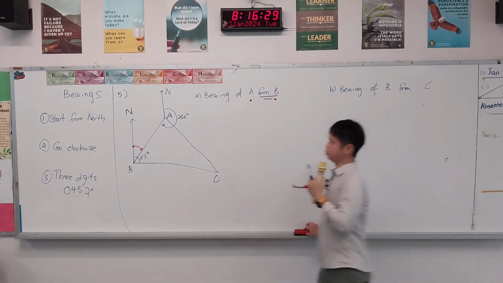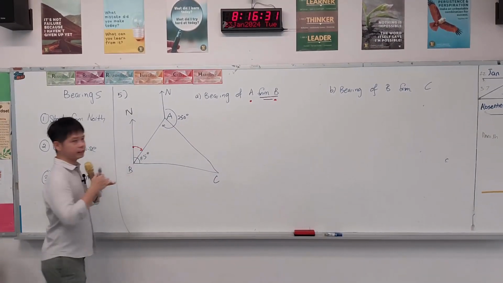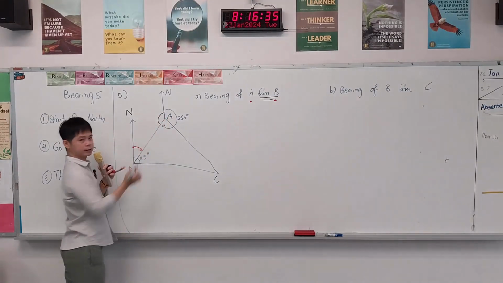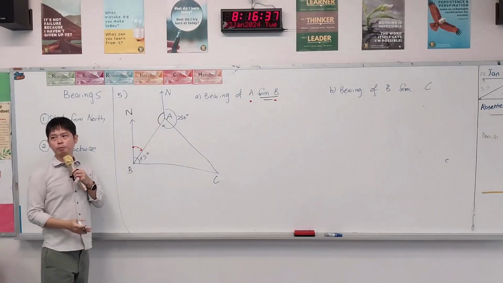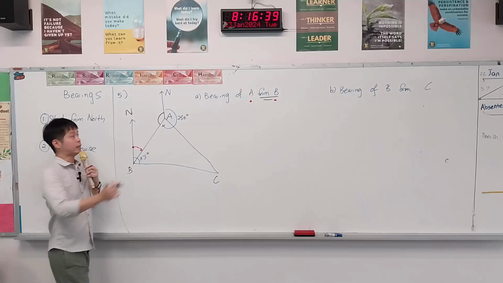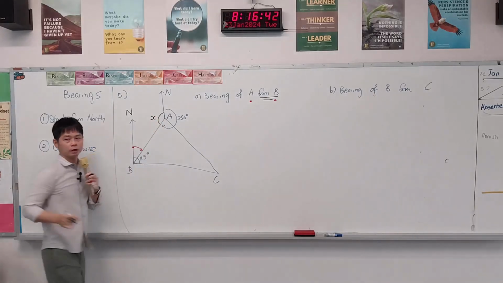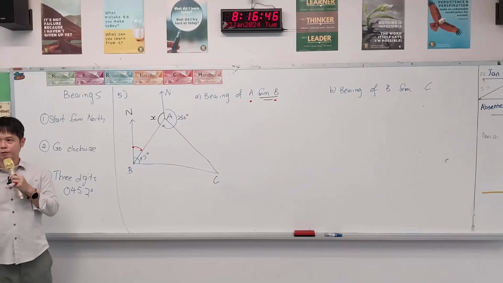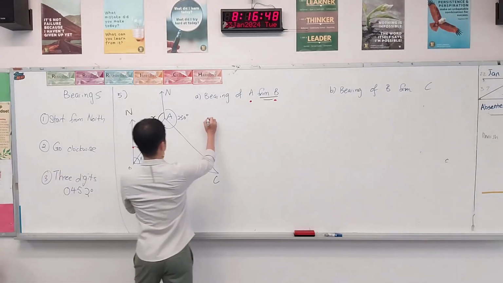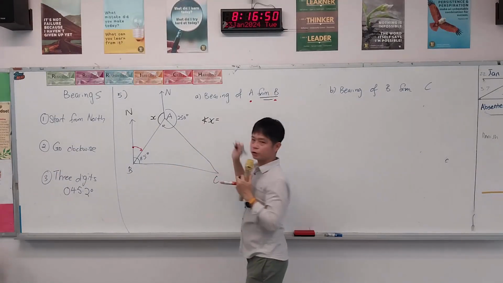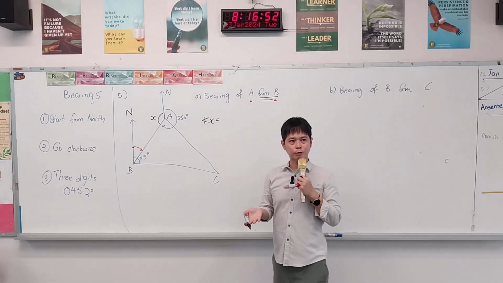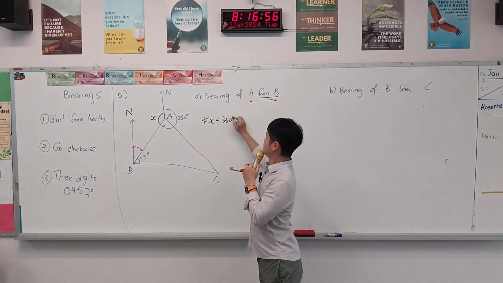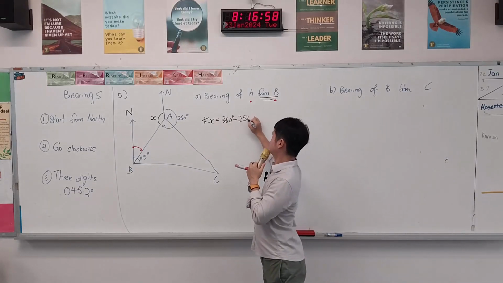Yes, I will have to use interior angle. But firstly, in order to use interior angle, I need to find this angle here first. So I advise you to label this and put the X. That's why we print worksheet for you. Please label on your worksheet, I want to find angle X. So angle X is equal to 360 minus 250.